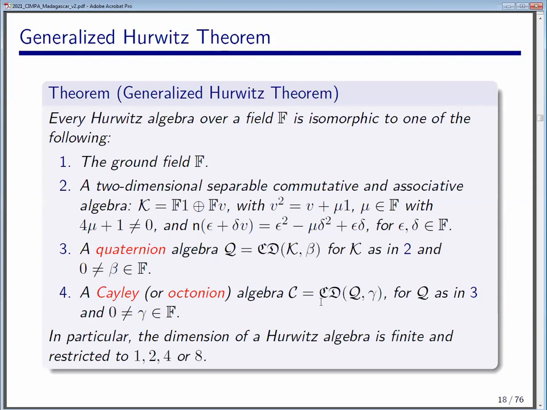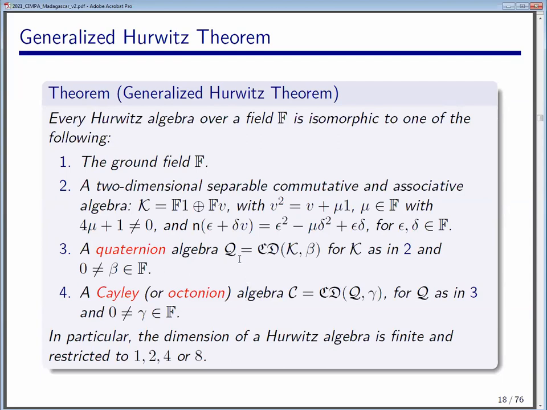Now, today we are going to prove this theorem that tells us that any unital composition algebra, any Hurwitz algebra, over a field is either, up to isomorphism, the ground field, or a two-dimensional commutative, associative, and nice two-dimensional algebra, or a quaternion algebra, which is an algebra obtained by doubling a two-dimensional Hurwitz algebra, or an algebra obtained by doubling a quaternion algebra.